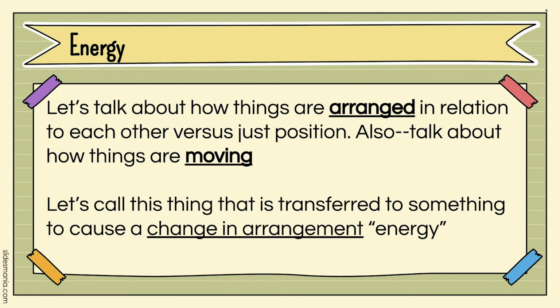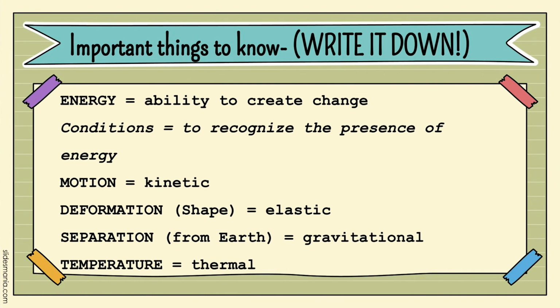Okay, so just to recap, energy is, let's talk about how things are arranged in relation to each other versus just position, right? So we're talking about how things are moving, and that change in arrangement is going to be called energy. Okay, the transfer of something. All right, and now the important things to know. Well, energy's definition would be the ability to create change.